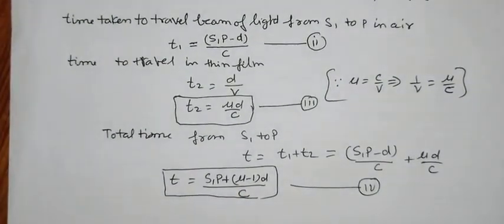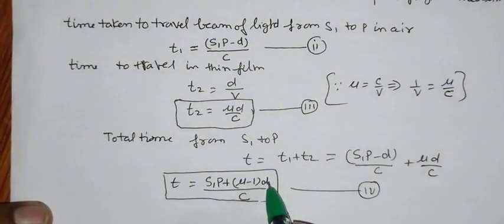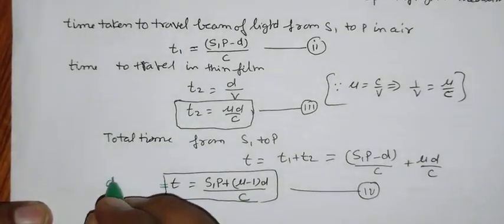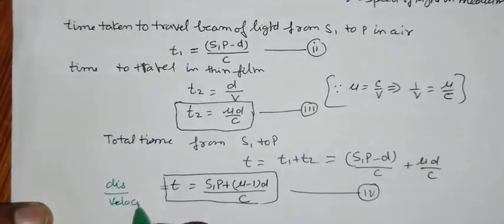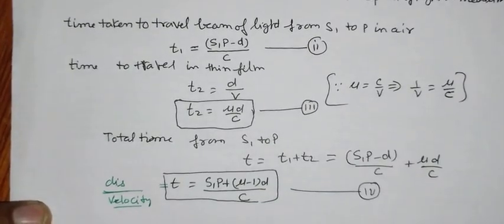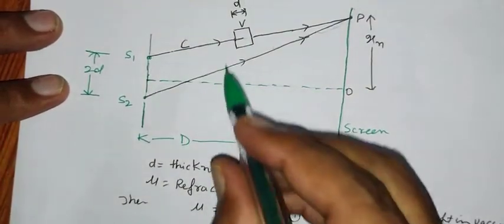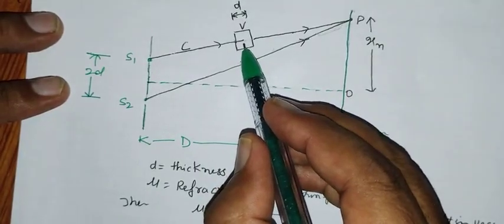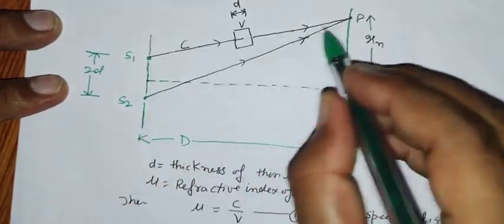Now one thing is very important. The time is S1P plus mu minus 1 into d, divided by c. Let us see very carefully: this is the general formula, distance by velocity. Now compare with the diagram. If the thin transparent film is not introduced in the path, then it has to travel only the S1P distance.